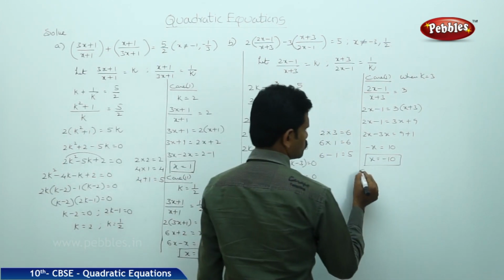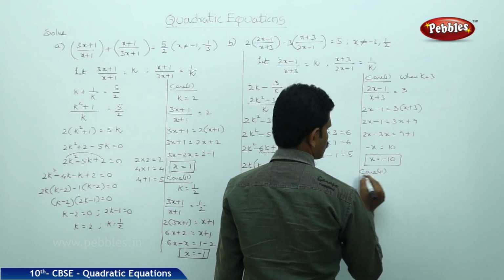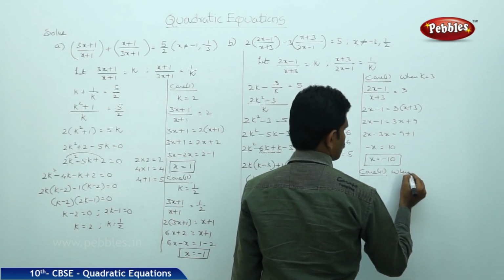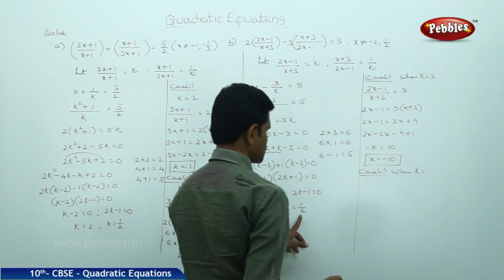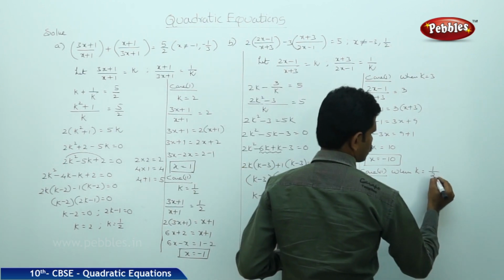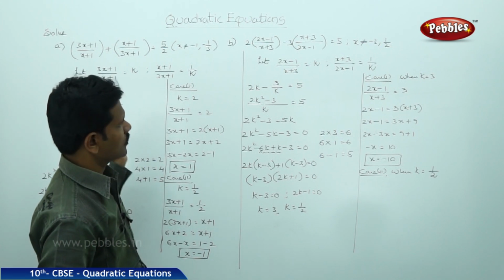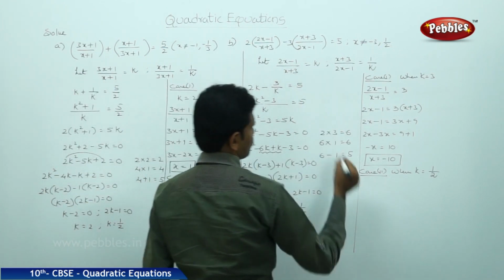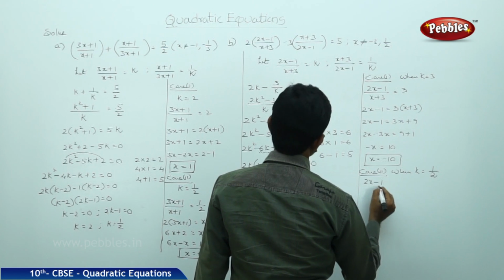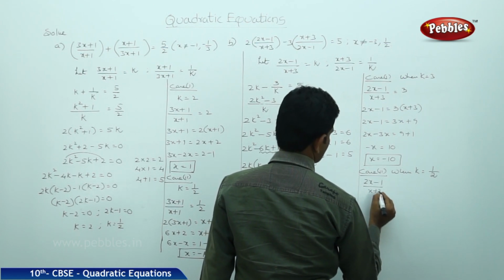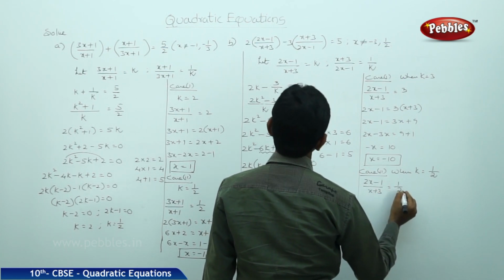Now case 2, when k is equal to 1/2. Now what is the k value here? (2x - 1)/(x + 3) = 1/2.